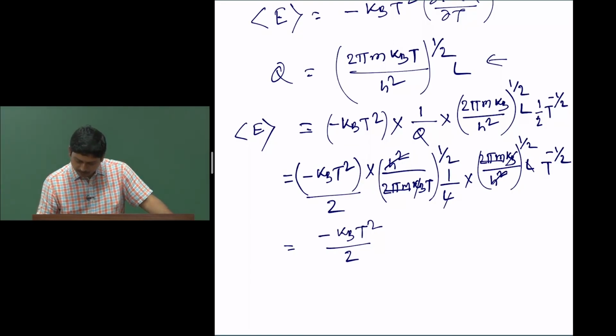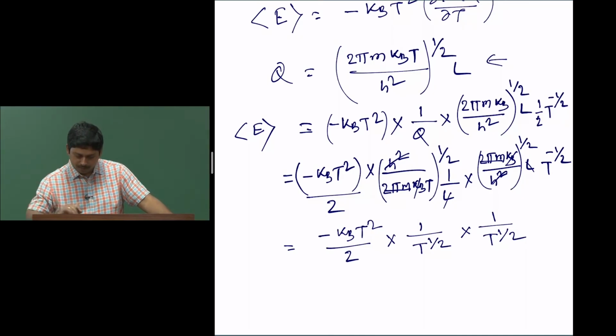Then I have 1 by T to the power half, and I have here also T to the power half. I am missing some quantity, let me see.